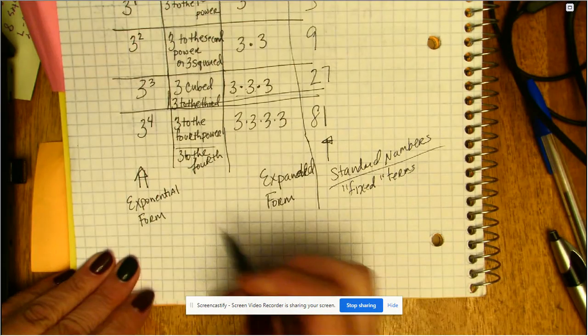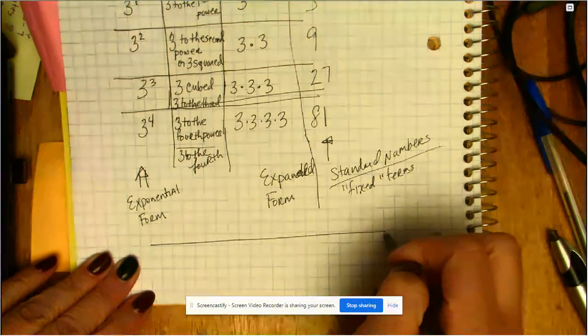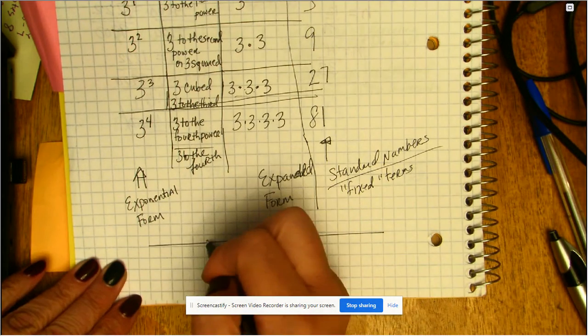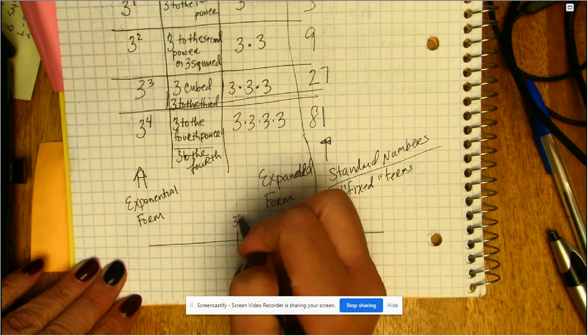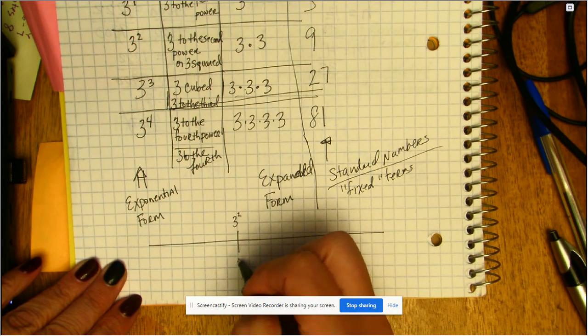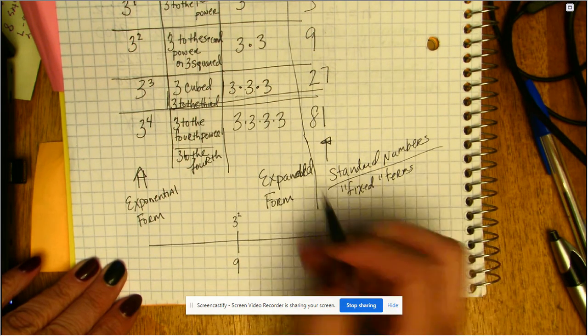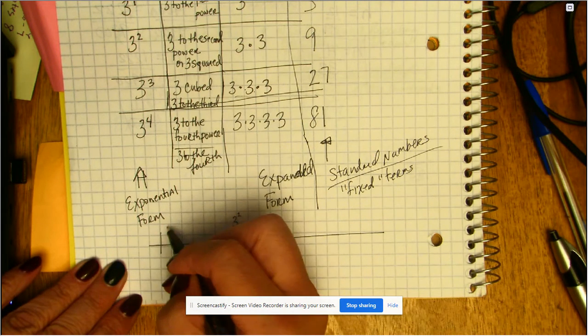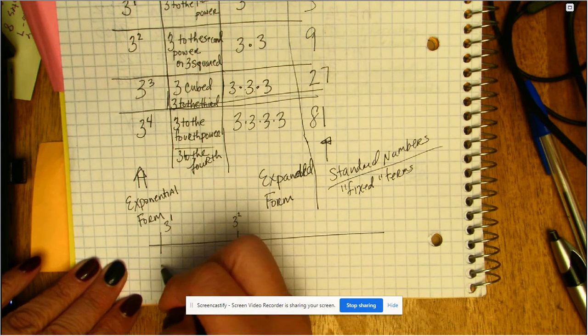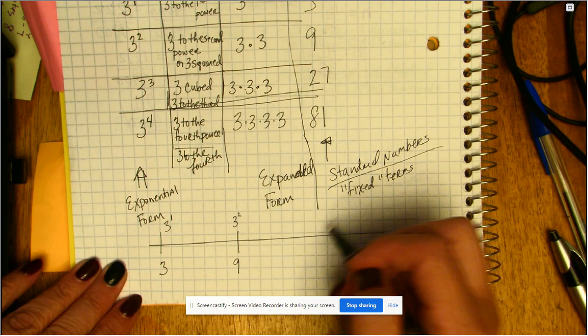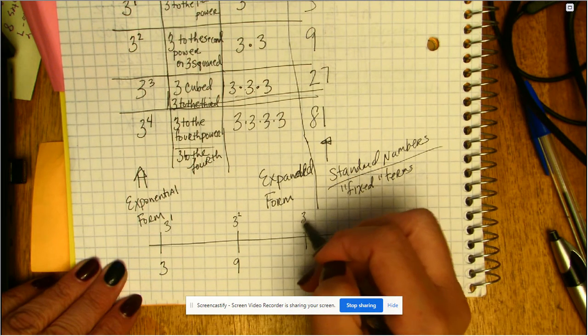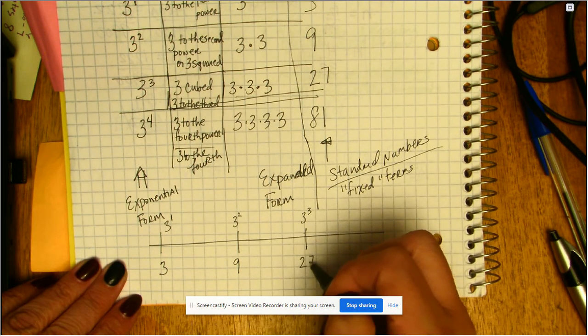When we say it's another way to represent a number, think about what we know. We now know that 3 to the second power is the same thing as 9. 3 to the first power is the same thing as 3. 3 to the third power is the same thing as 27.